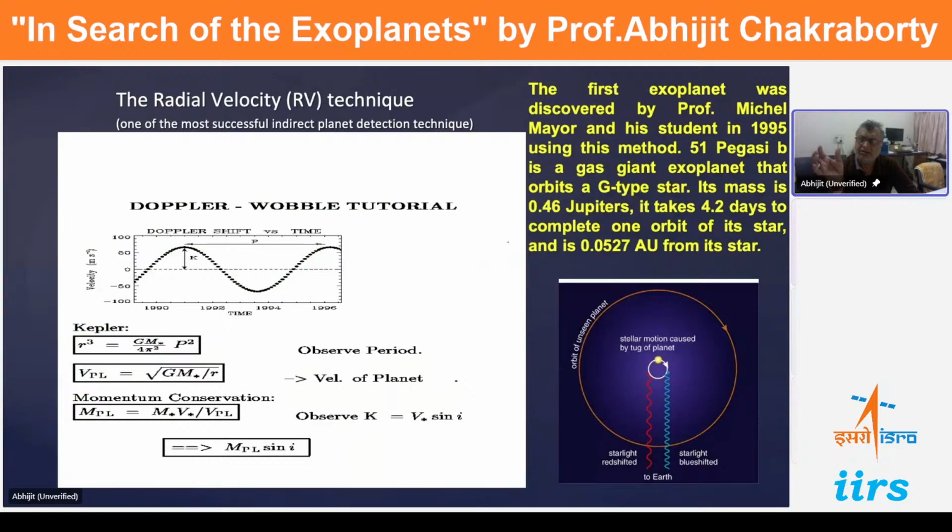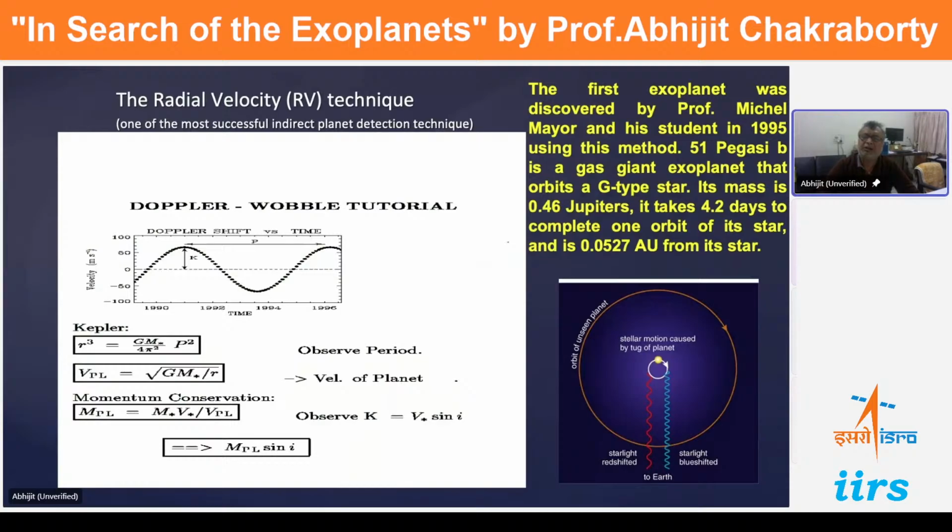However, since the planet mass is much smaller than the star mass, the center of mass is very close to the center of the star. So the star actually wobbles while the planet goes around the star. If you do very precise spectroscopy, you can measure the amplitude of this wobbling.